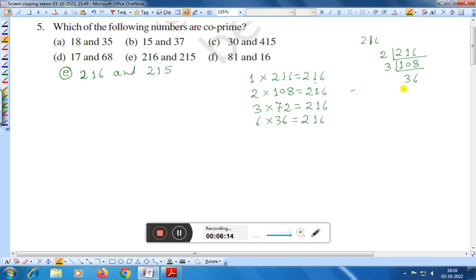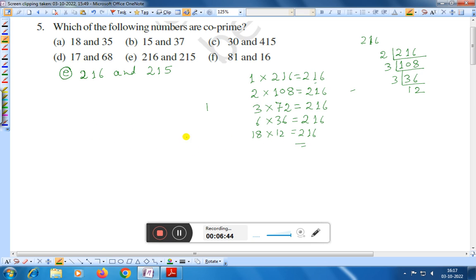And another number, 18 into 12, is equal to 216. There are many factors, we will not find more than that.